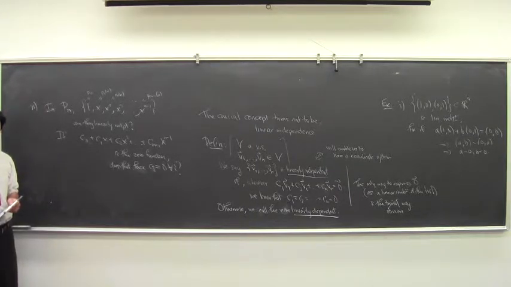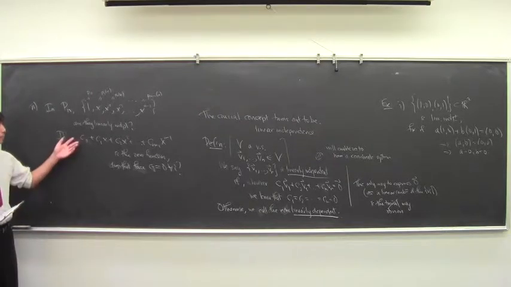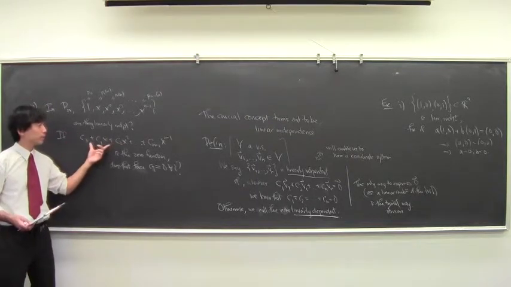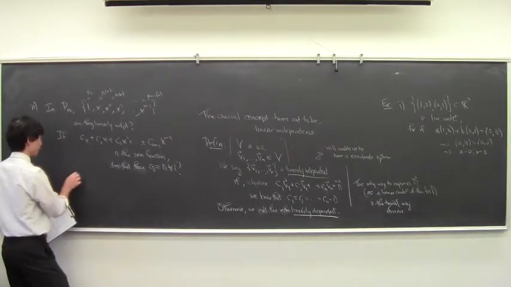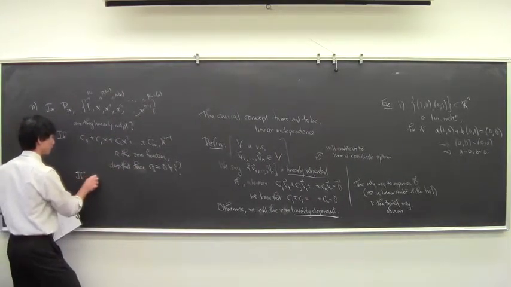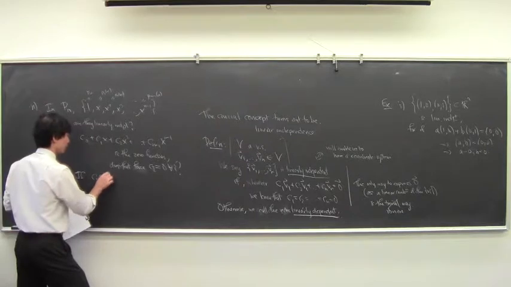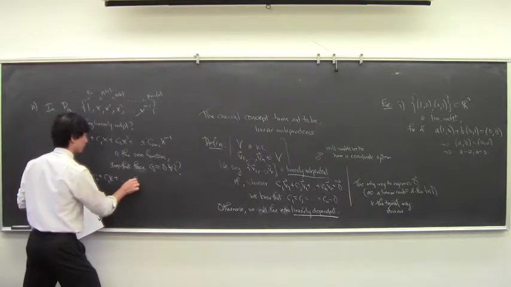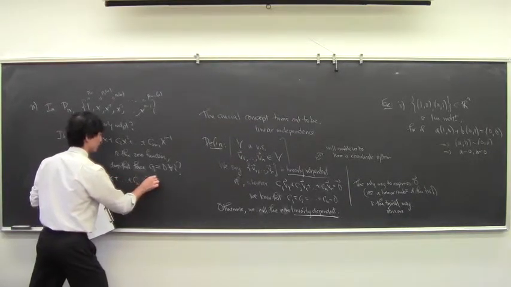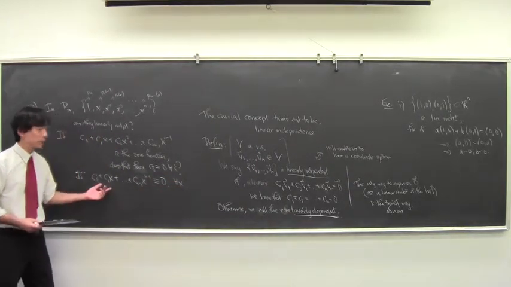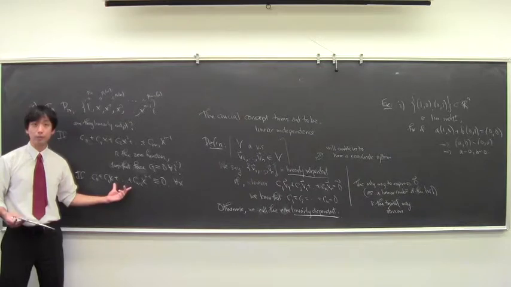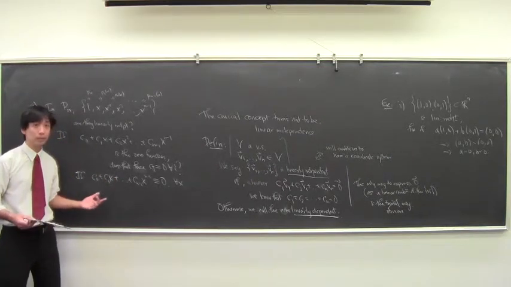Are you guaranteed that all the c_i are 0 if this thing is 0 for all x? If this is the 0 function, does that mean all the coefficients must be 0?